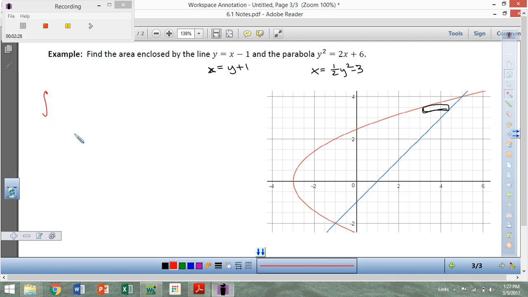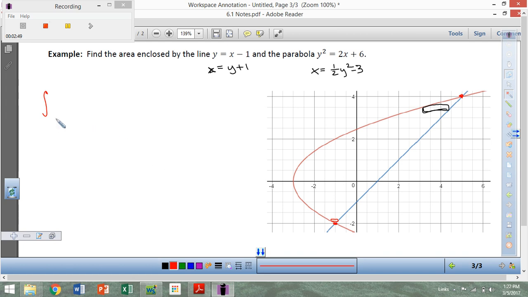So the other thing is this. When I'm stacking my rectangles horizontally, I want to think of it as stacking from a y value to another y value. So I'm not stacking from an x to an x, I'm stacking from a y to a y. Now, again, we might have to try to find intersection points. If the graph is already given, we can see the intersection points.